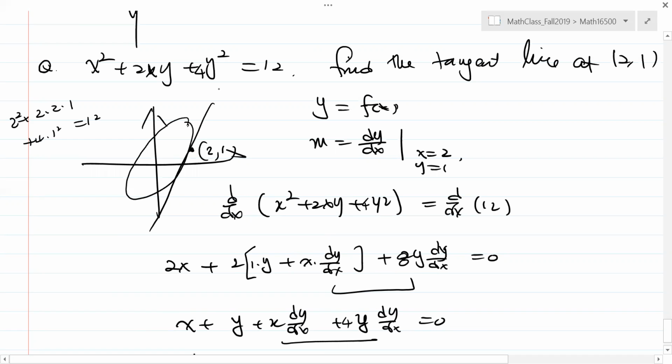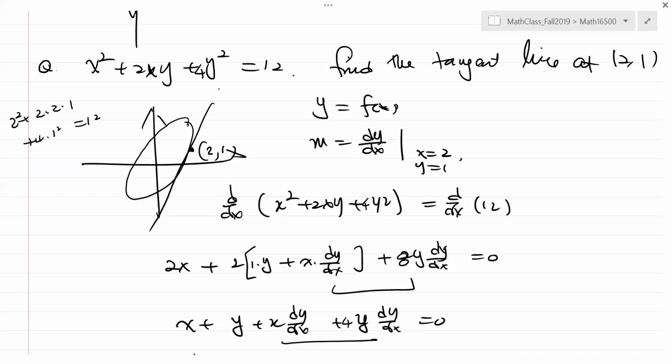In order to find the slope of the tangent line, you just need to find the derivative of y with respect to x, evaluated at x equals 2. Since this is a point on the graph, y must be 1. Then you differentiate both sides with respect to x, but in your mind, you view y as a function of x. So when you differentiate y squared with respect to x, you get 2y times the derivative of y with respect to x.